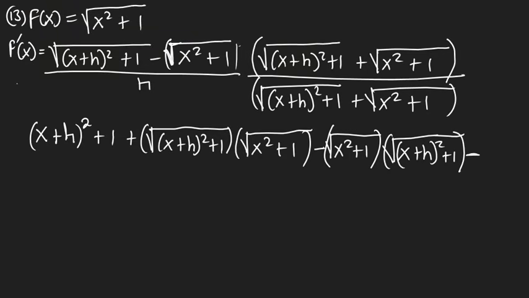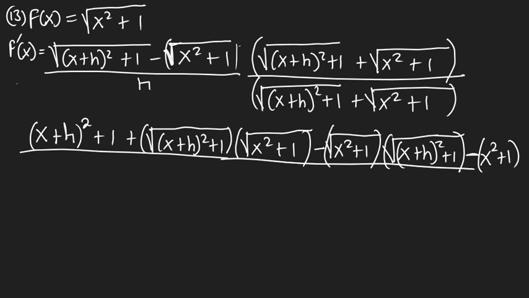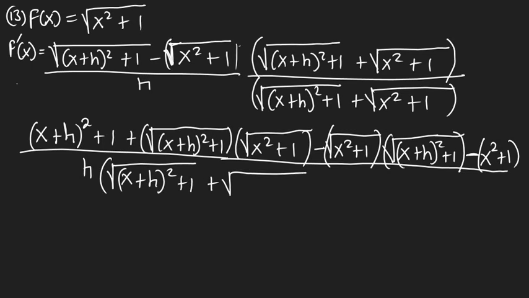So now you're going to have x to the power 2 plus 1 all over by h, then square root of x plus h plus 1, then square root of x to the power 2 plus 1.